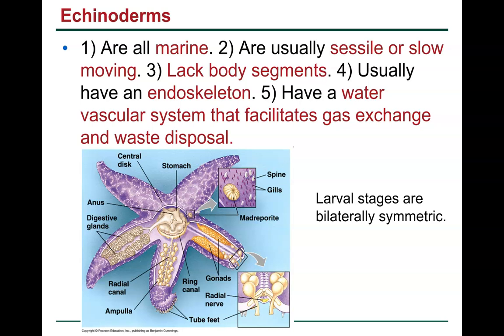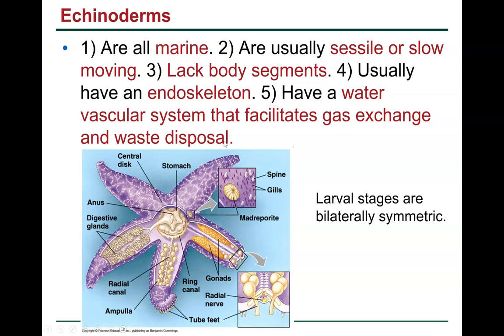So they are all marine. This means that they are only in the ocean. They're usually very slow moving or they don't move at all. Sessile means they don't move at all. They lack body segments. But the interesting thing is, they have an endoskeleton. And they have this complicated water vascular system, and this helps them with gas exchange for breathing and for waste disposal.